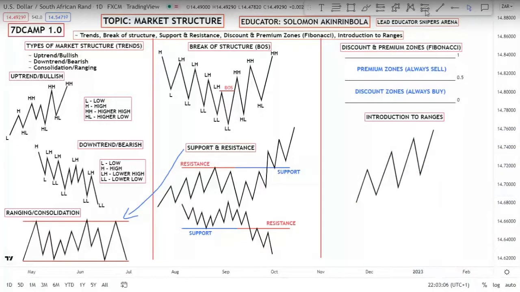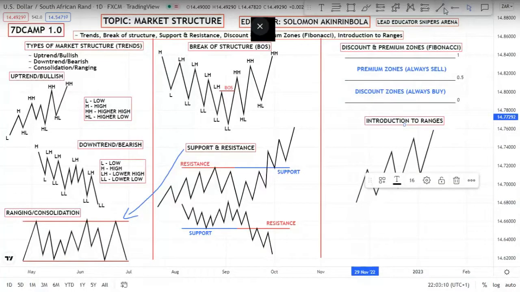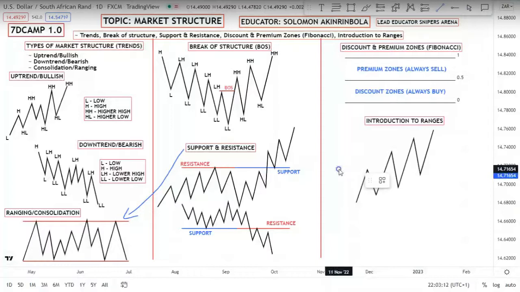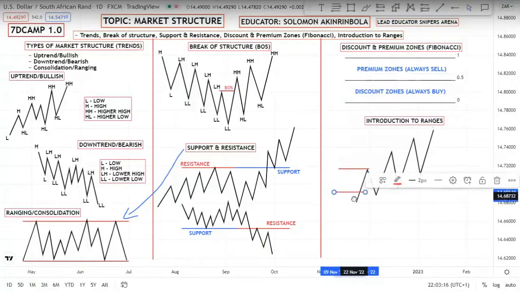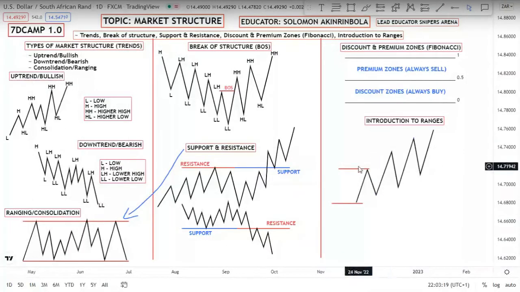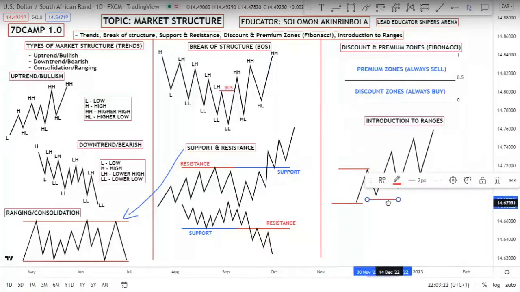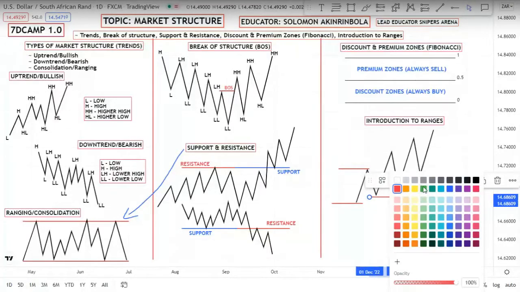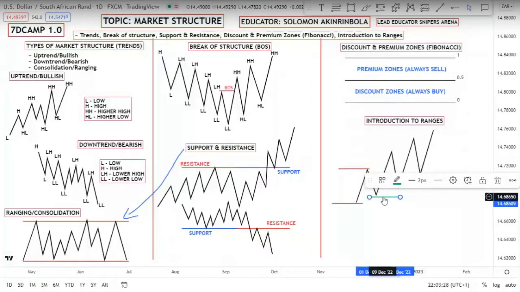All right, introduction to ranges. So this is a range. That's the range. This is also a range. This is also a range.